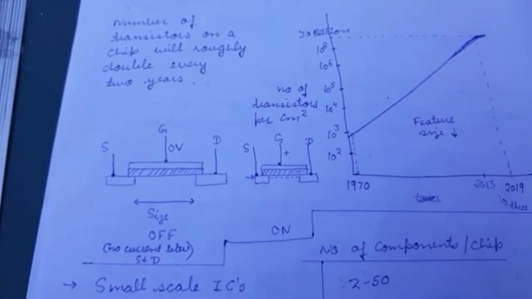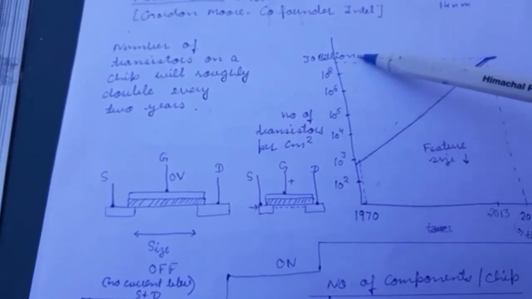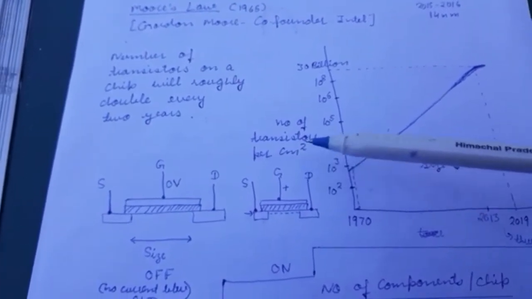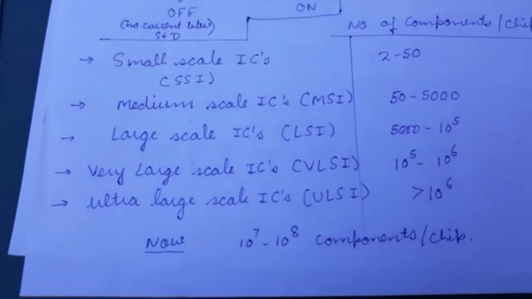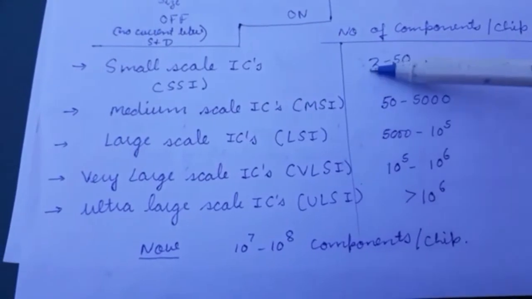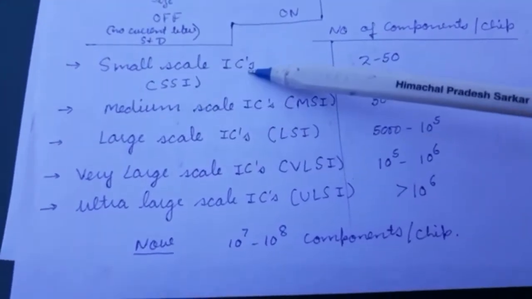Still, around 30 billion components can be adjusted on 1 centimeter square of a chip nowadays. So let's see how this evolved. Initially, 2 to around 50 components could be adjusted on a chip, and it was called small scale integration.